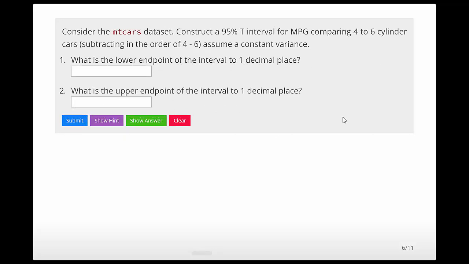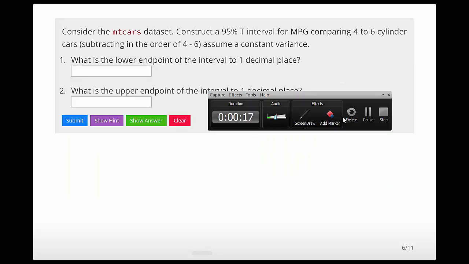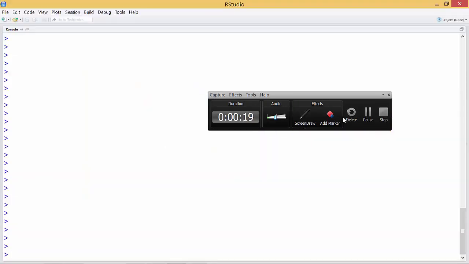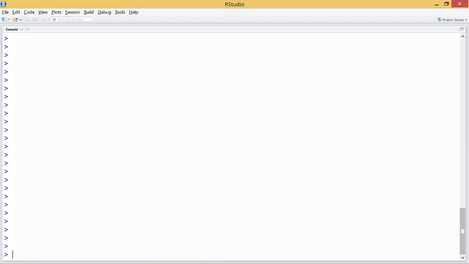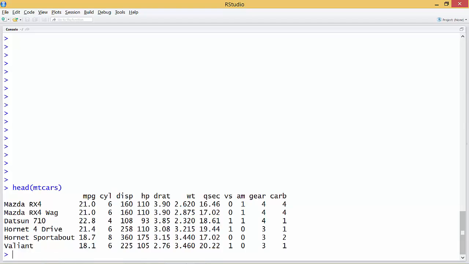So the next question is just asking us, can we do a t-test comparing two groups using R? And it asks us to take the mtcars data set and compare 4 and 6 cylinder cars using a t-test with a constant variance. So let's do head mtcars just to show us what it looks like.